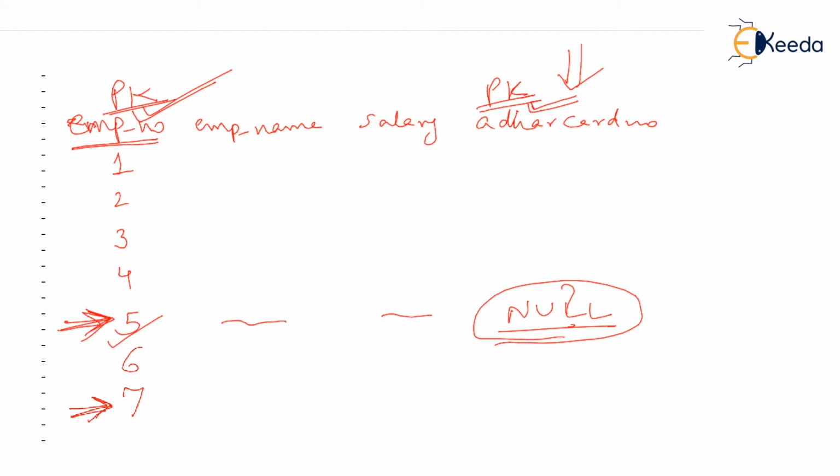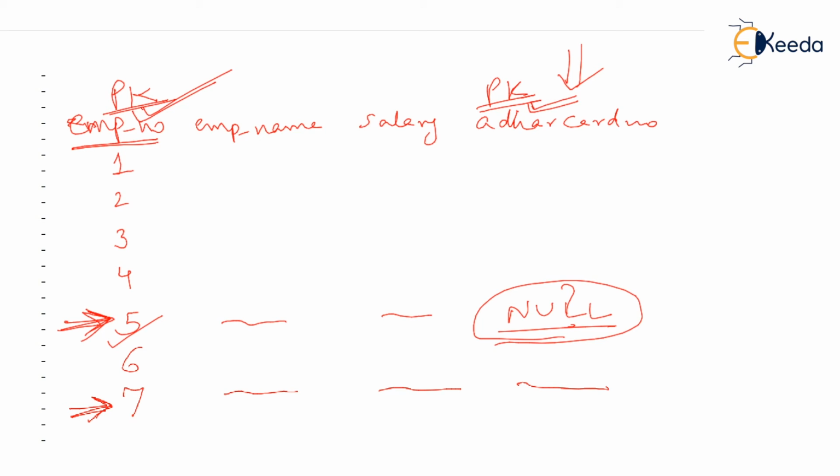So in that case, this employee number 7 will have employee number, name, salary, even Aadhaar card number, but she doesn't have a PAN card number. So PAN card number will be null. All these issues are considered before appointing some attribute or column as primary key. It's so important that you thoughtfully set the primary key. Otherwise, later on, we will be in trouble because we are going to define the primary key of the table.